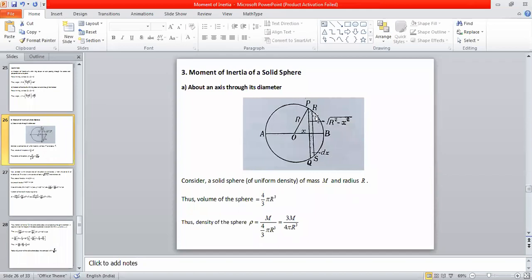Now can somebody say what is the shape of this section PQRS? It is a circular disc because it is taken from the sphere, so therefore it is circular in shape and it has a small thickness. Between PQ and RS the thickness is very small, so since it has small thickness, no problem.